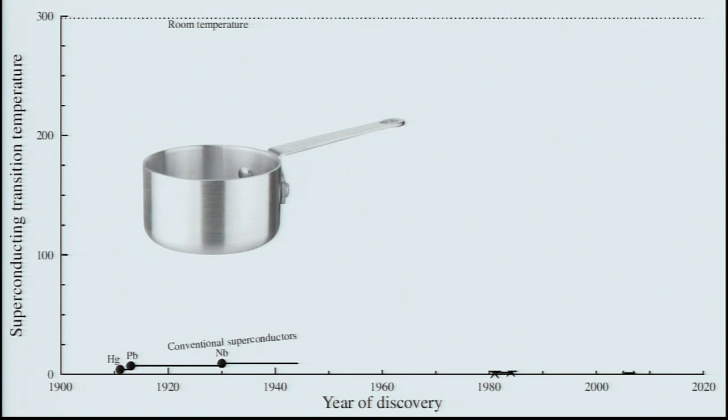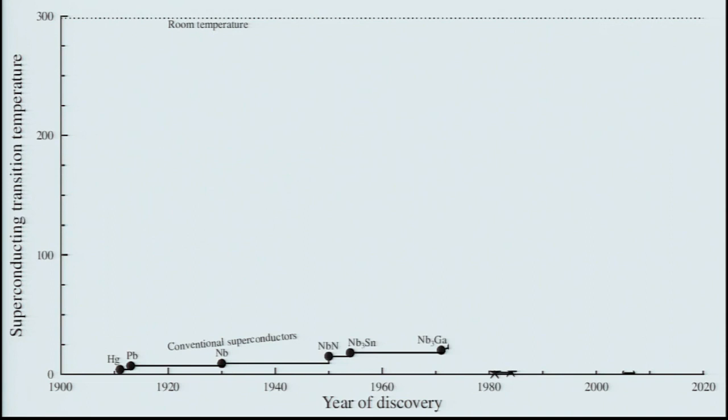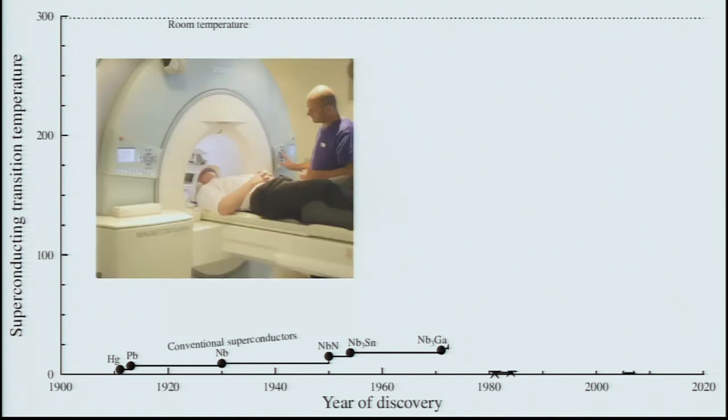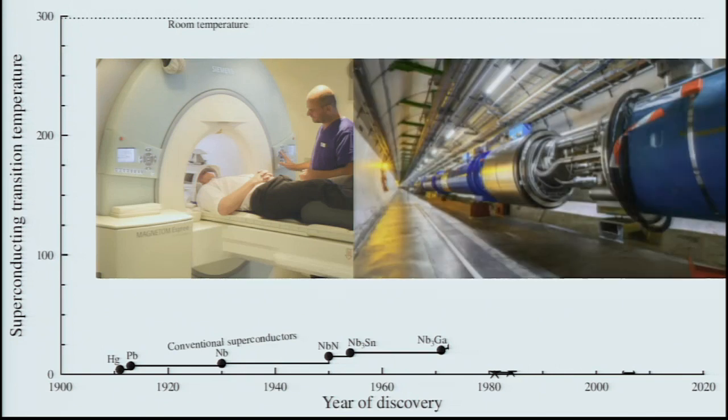Niobium is another very good material, but the real breakthroughs took place after the Second World War, when various alloys of niobium pushed the transition temperature still a long way from room temperature. We're up here. But these materials are incredibly useful. And so these led to the development of MRI scanners, which all contain superconducting wire in their coils, and also the coils inside CERN.